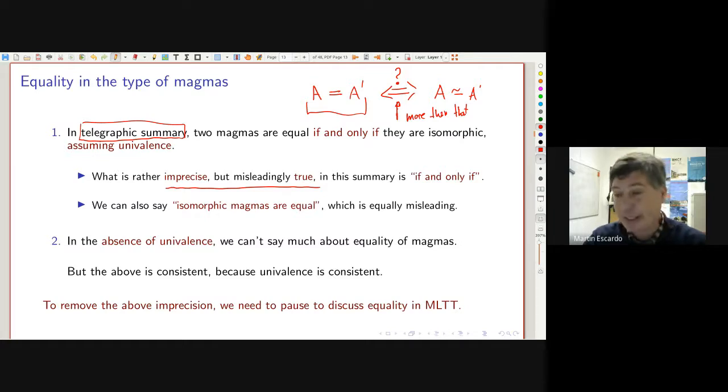So Martin-Löf type theory cannot prove or disprove that. But the univalence axiom is consistent with Martin-Löf type theory, and the univalence axiom implies this thing here. Any question about this?